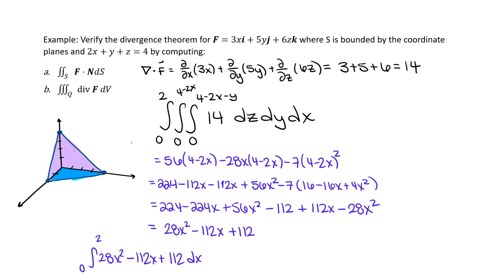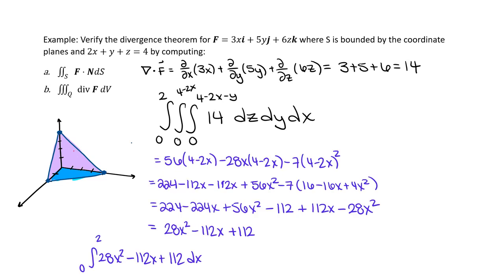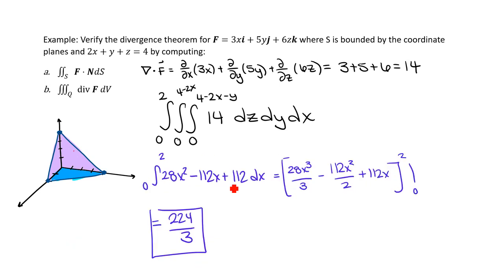So then to finish, I'm going to integrate this answer with respect to x. On the bottom of the screen, I'm going to integrate my answer with respect to x. I had to erase to make a little bit more room. There's my antiderivative, 28x to the third over 3 minus 112x squared over 2 plus 112x.